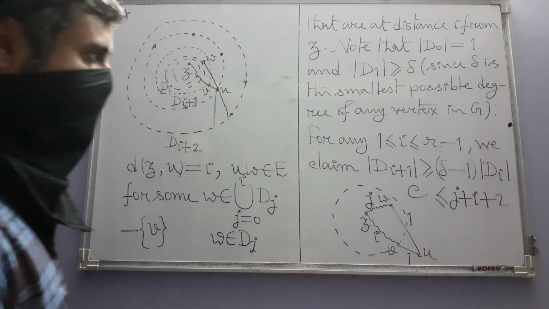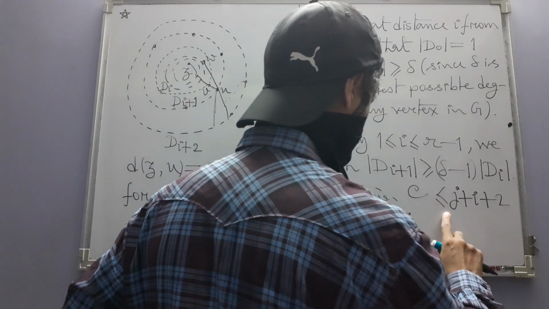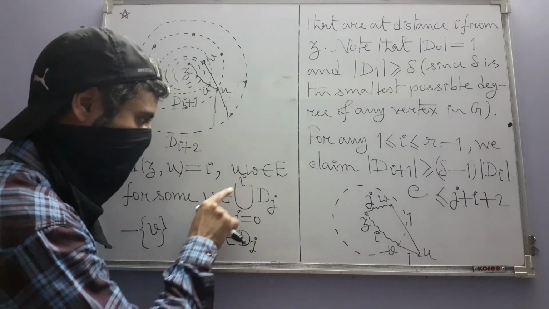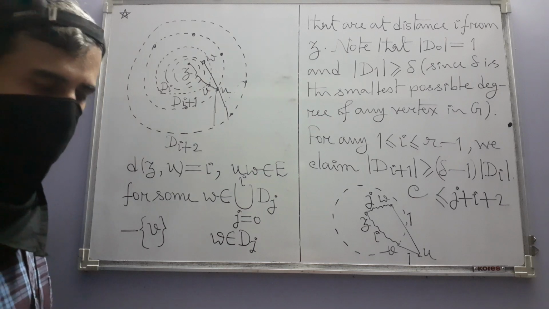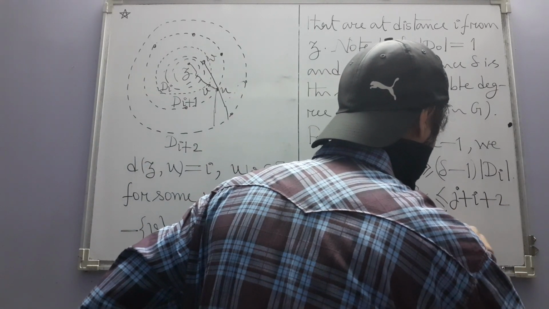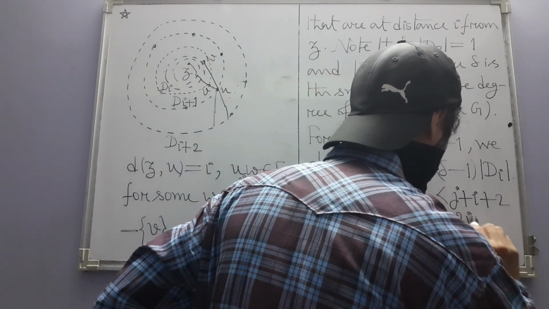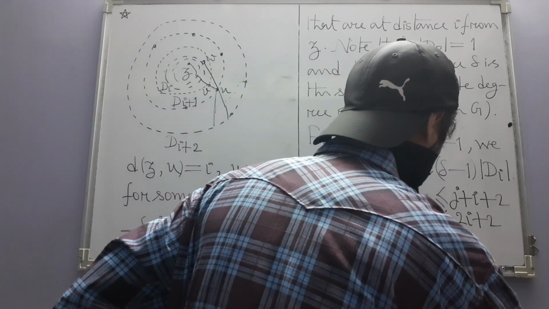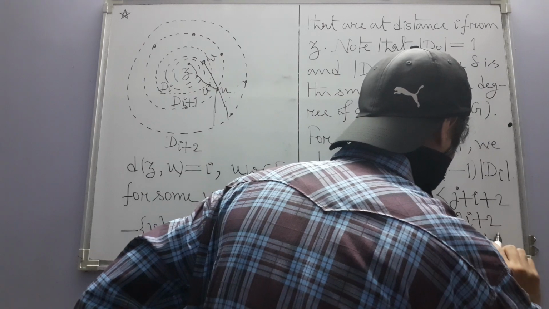Alright. But what is j? Since j is coming from here, j is less than or equal to i. That means this is less than or equal to 2i plus 2, or 2 times i plus 1.